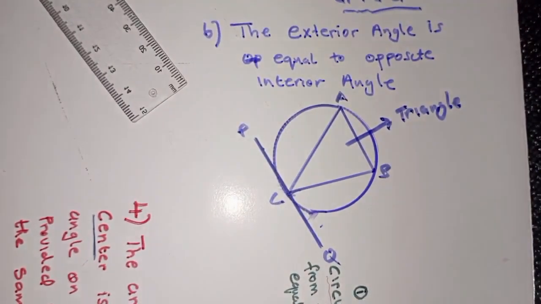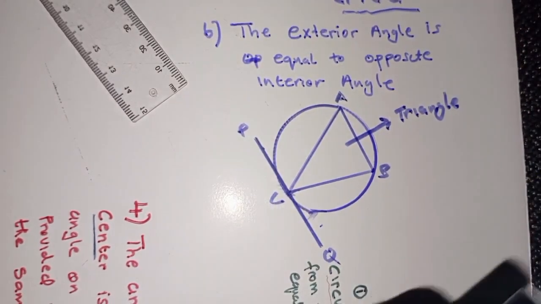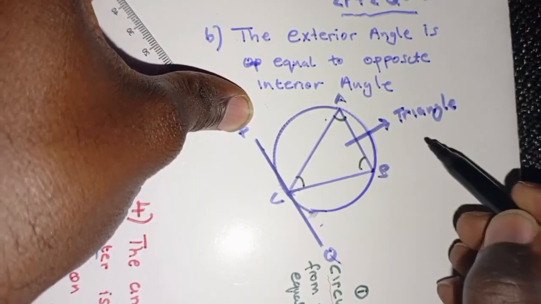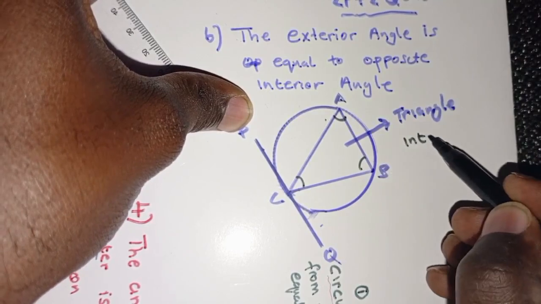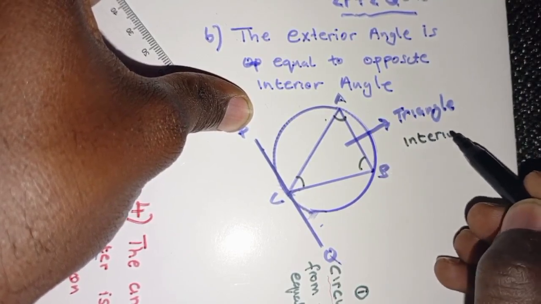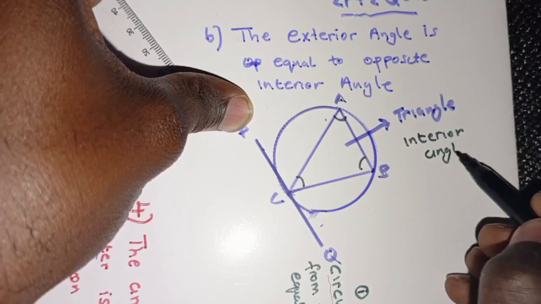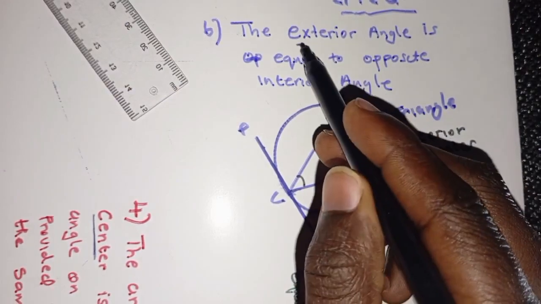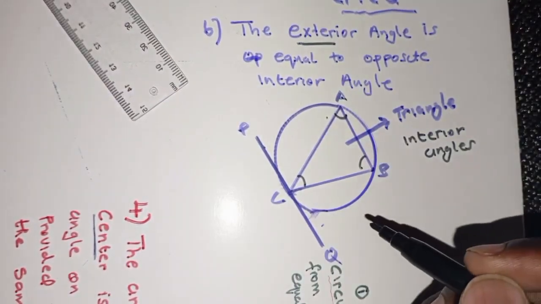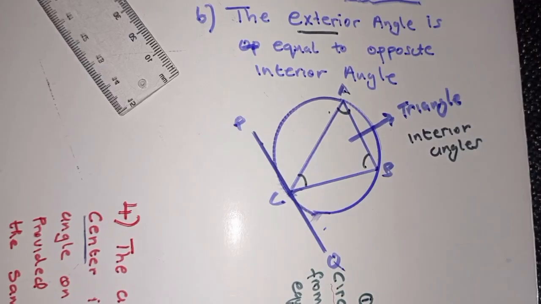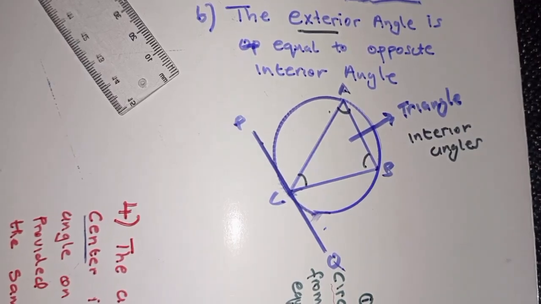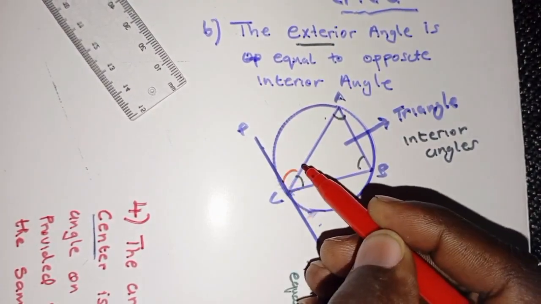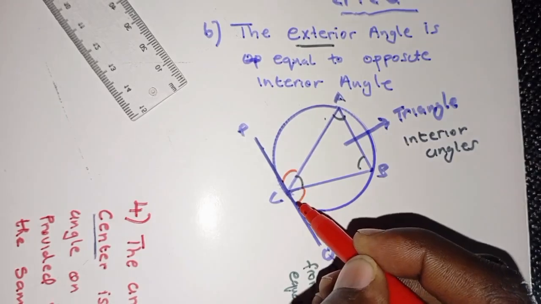If it's a triangle, all the angles inside the triangle, this one and this one, all these we call interior angles. So we're saying the exterior angles now. These are angles that are outside the triangle. Exterior meaning this angle here is an exterior angle, and the angle there is an exterior angle.